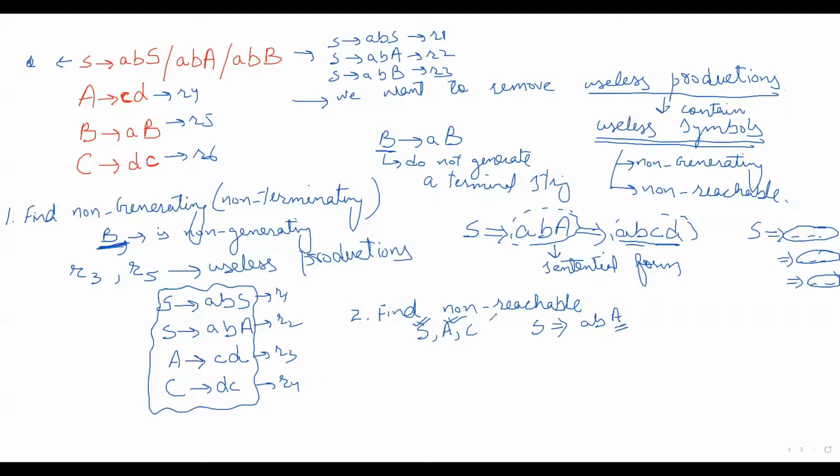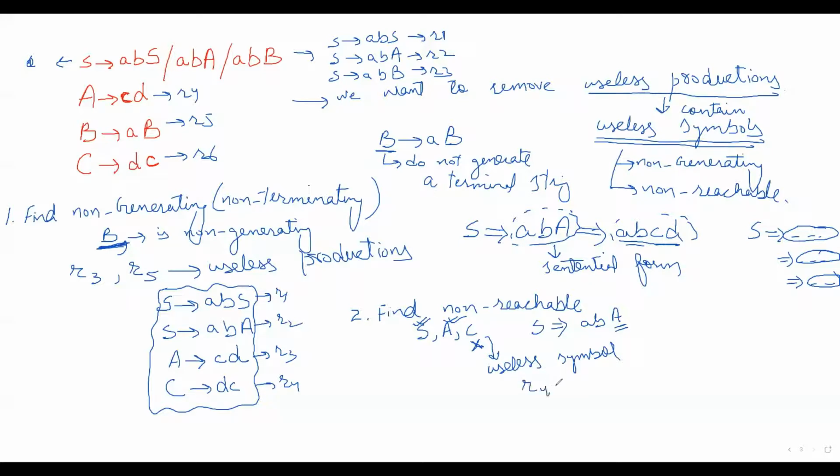Now, which one remains? C. Is C reachable from S? Is it possible to reach C from S? No. So C is non-reachable, which means C is a useless symbol. So which productions contain C?